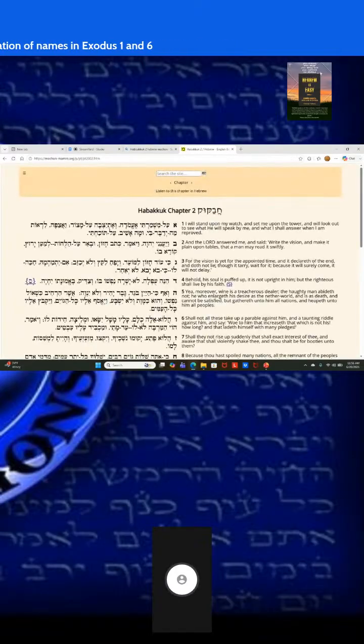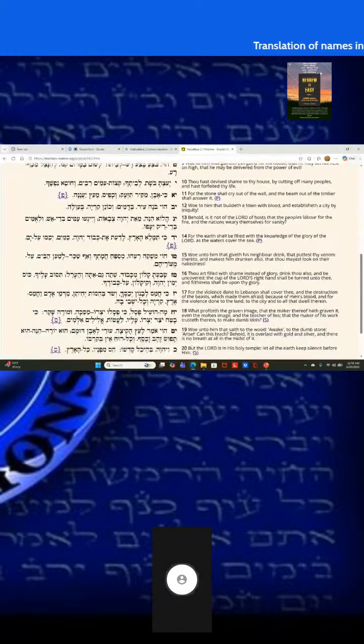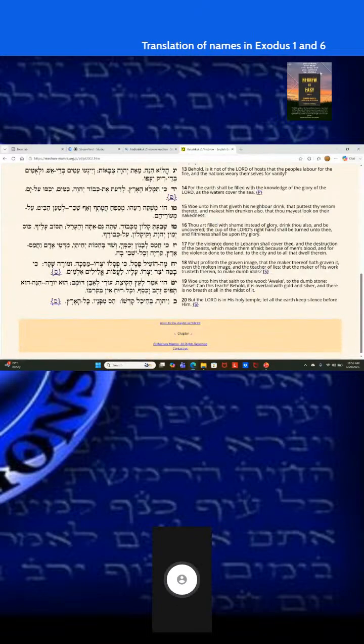In Habakkuk chapter 2, verse 18, it says, what profiteth the graven image, that the maker thereof hath graven it, even a molten image, and the teacher of lies, that the maker of his work trusteth therein, to make dumb idols?